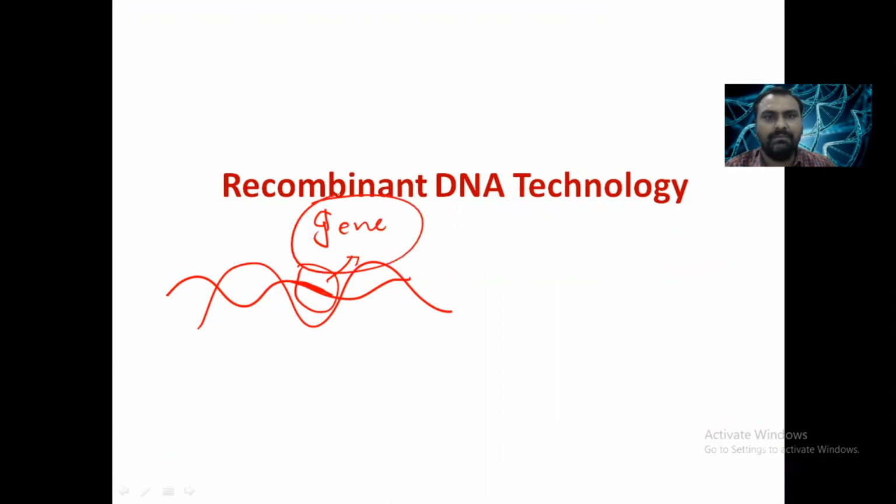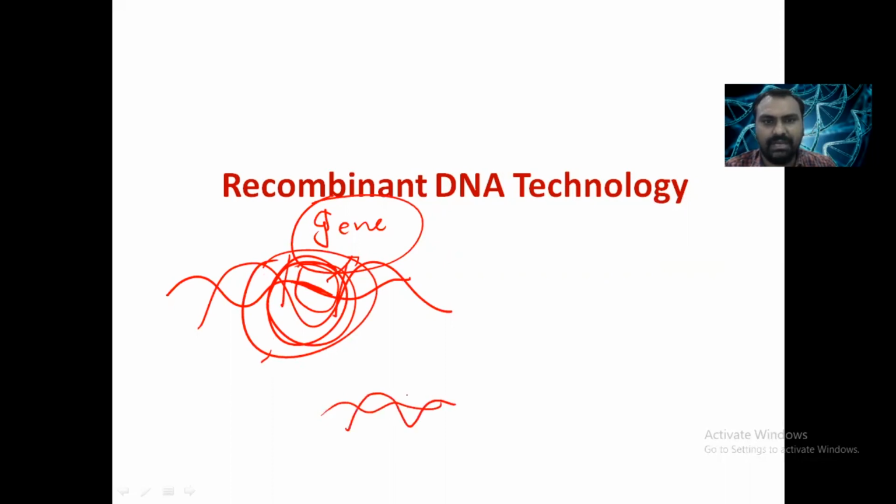And if we want to make multiple copies of this gene, we can take this gene by cutting it with a cutting enzyme, restriction endonuclease, and recombine it into a vector.